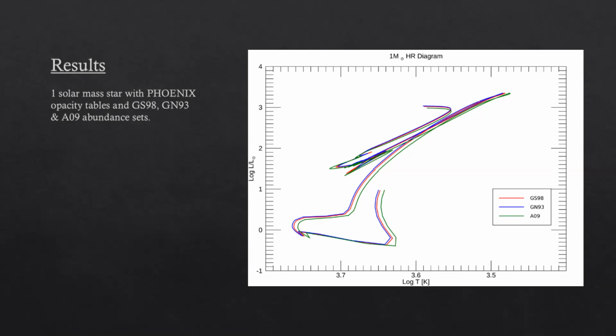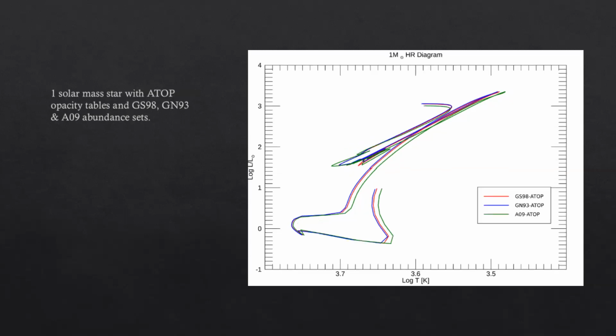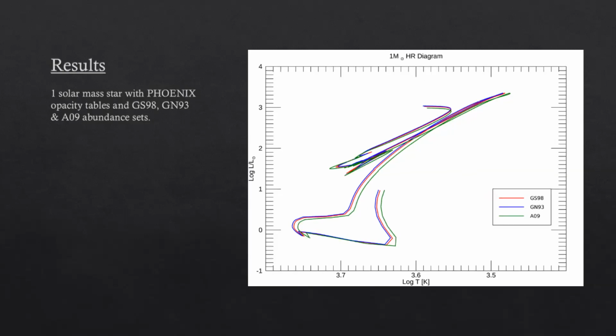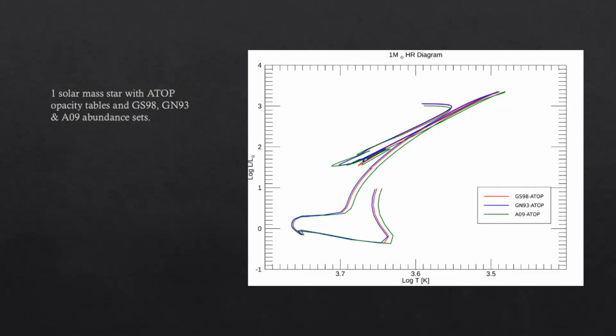So these are all produced with Phoenix. If you look at the same abundance sets and the ATOP opacity codes, again we see that trend. If you just compare these two diagrams, they look pretty much the same. But again, A09 is a bit cooler in the red giant branch.